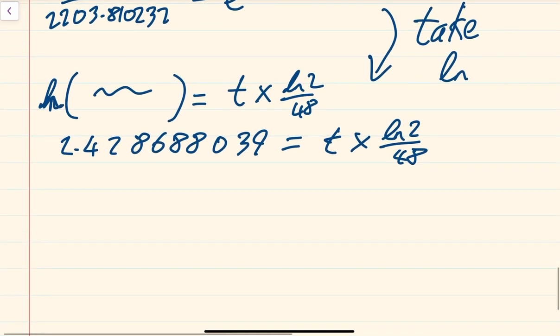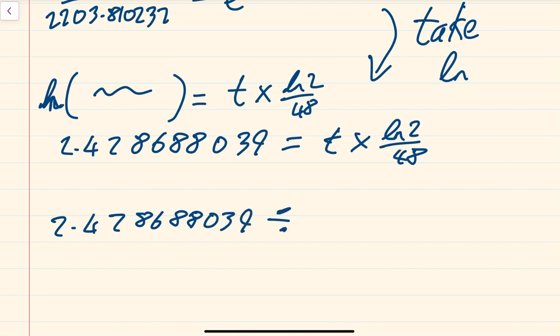Then just divide across, so you divide by your ln of 2 over 48 to get your t. It's still on my calculator, so I'm dividing it by ln of 2 over 48.